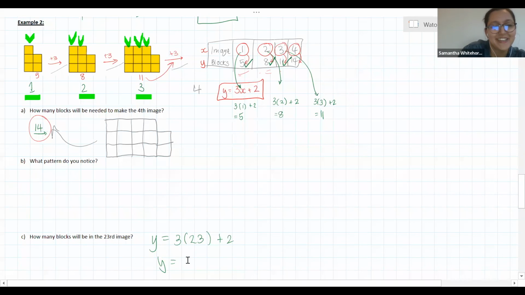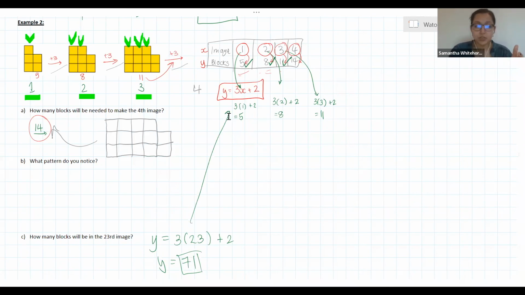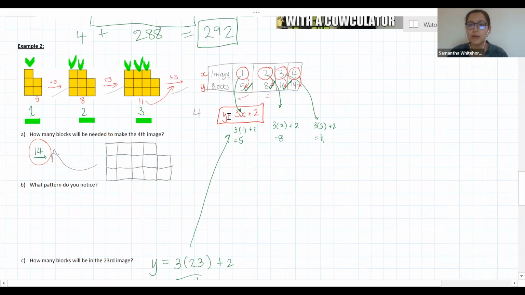So guys, in this case, because we knew what the rule was, we could just, exactly as Kwakutle said, substitute. Through substitution, I get that if I drew this pattern out to the 23rd image, I would get 71 blocks. Now, obviously, this rule makes life so much easier because imagine we didn't have this rule.